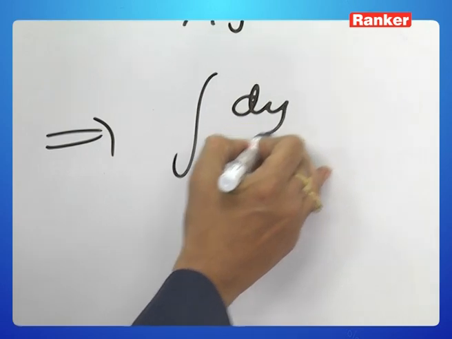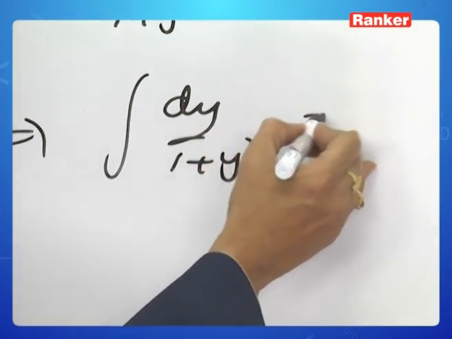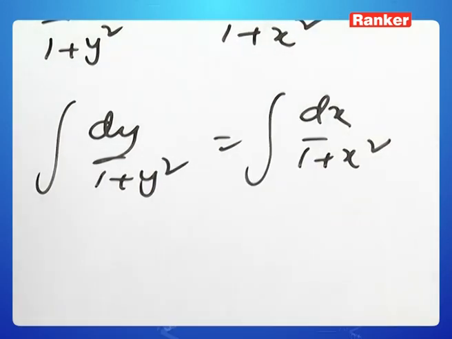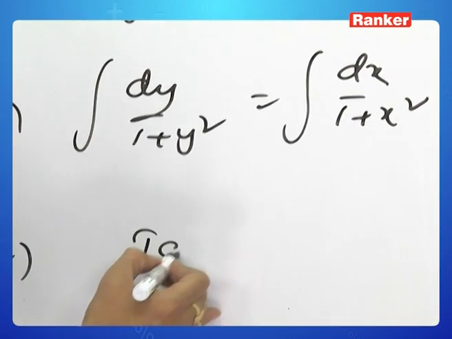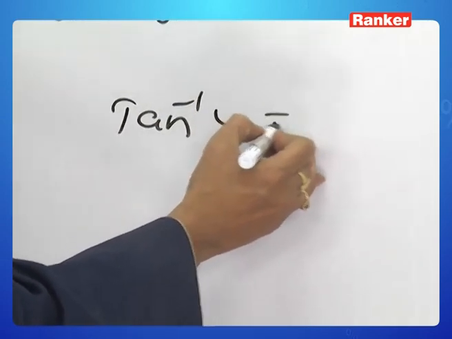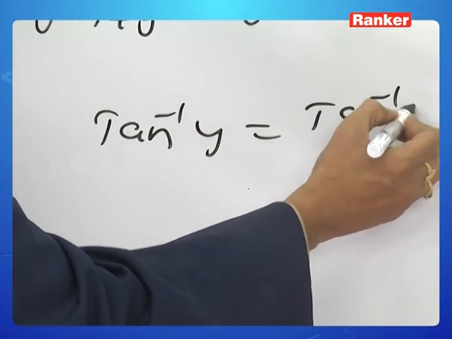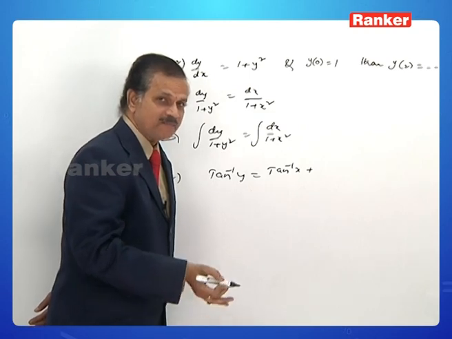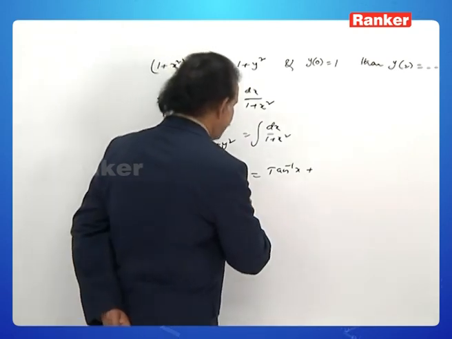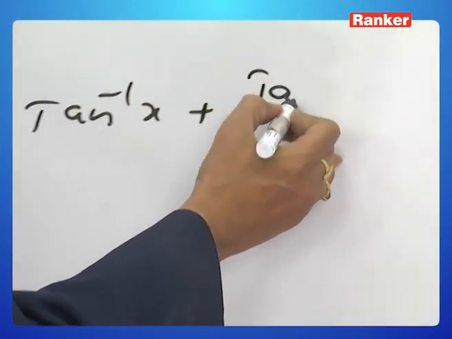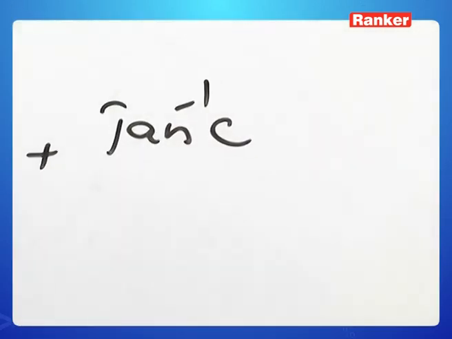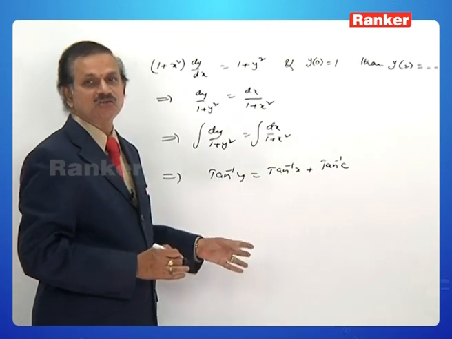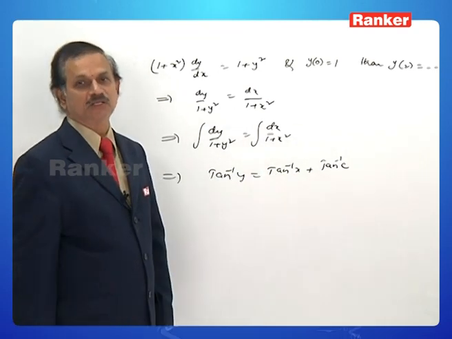Integrating dy by 1 plus y square is equal to dx by 1 plus x square. What is its integral? Tan inverse y here, tan inverse x plus some k you have to write. But depending on situation, I like to write it as tan inverse c. Because except this, every other part in the solution is in the form of tan inverse something.